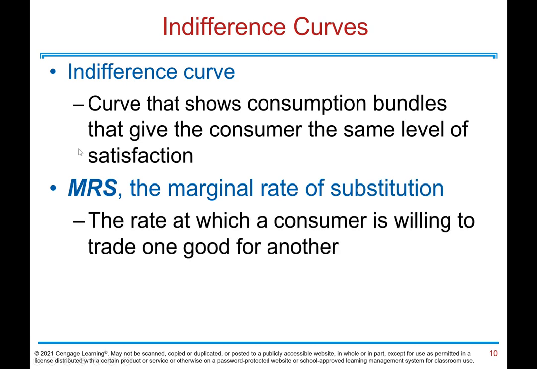Indifference curves. An indifference curve is a curve that shows consumption bundles that give the consumer the same level of satisfaction. MRS, the marginal rate of substitution, is the rate at which a consumer is willing to trade one good for another.